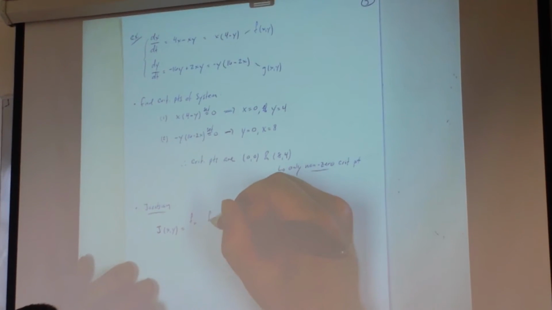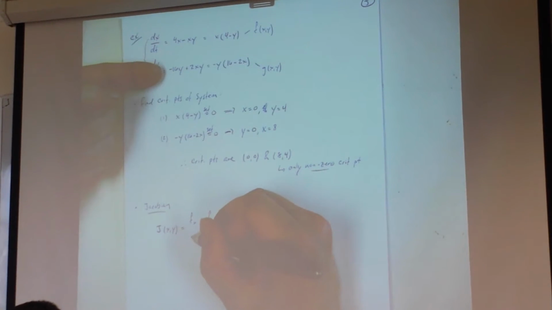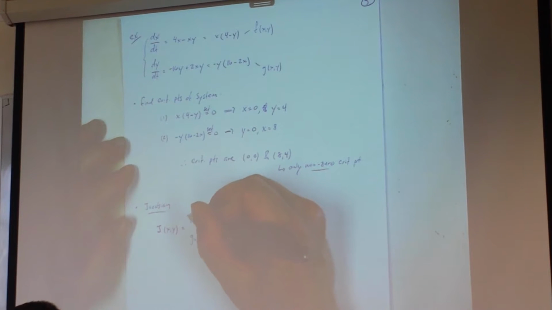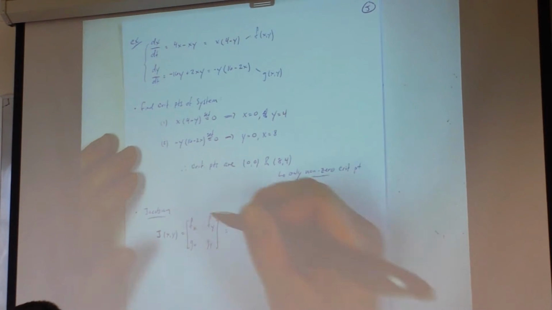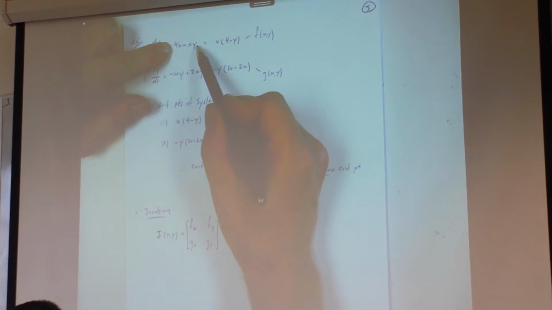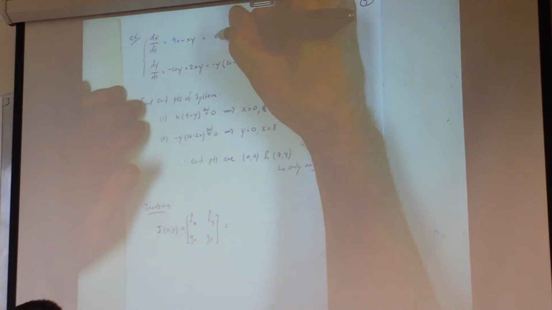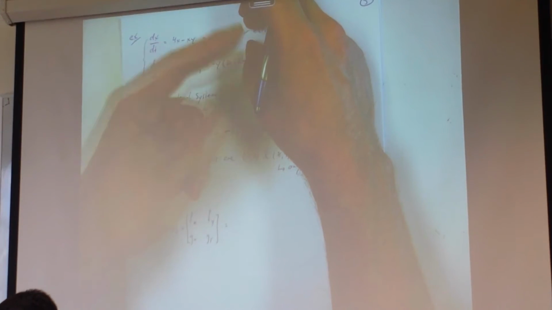So take f, partial with respect to x, then y. Take the second one with respect to x, then with respect to y. All right, so what do we get? Partial of f with respect to x, I get 4 minus y. Oh yeah, in the factored form, you can actually kind of see that. It would be 4 minus y times x. So with respect to x, the coefficient is just 4 minus y.